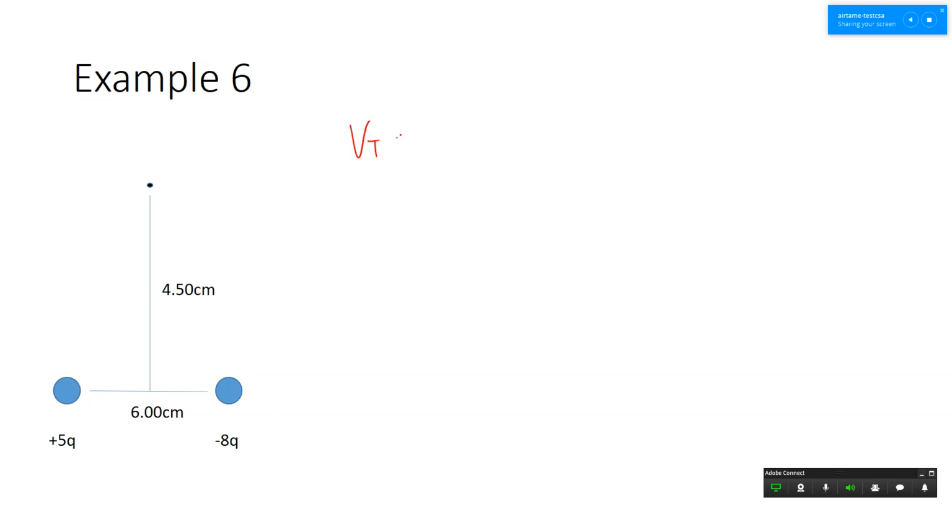So my V total, this was 1 and this was 2, would simply be the voltage of 1 plus the voltage of 2. Note that there are no arrows above my voltages, and therefore I do not add any angles. Very simple calculation of KQ1 over R1 plus KQ2 over R2.